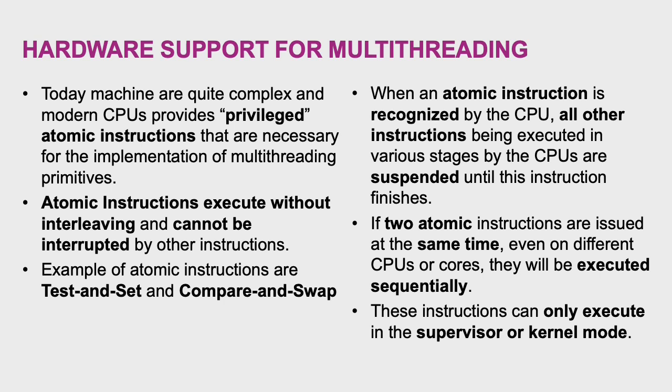If two atomic instructions are issued at the very same time, even on different CPUs or CPU cores, they will be executed sequentially. These privileged instructions, in general, can execute only in supervisor or kernel mode. Examples of privileged instructions are test and set or compare and swap instructions. We will discuss them in more detail in the following.